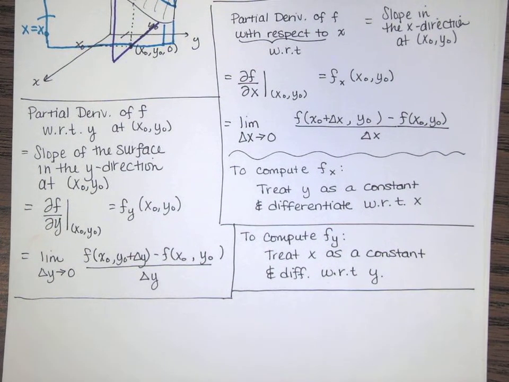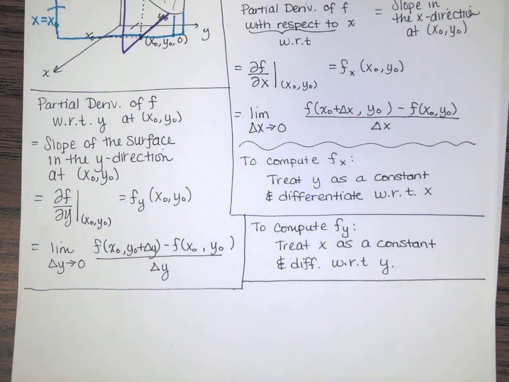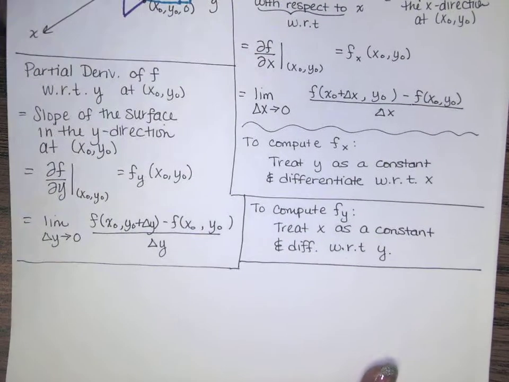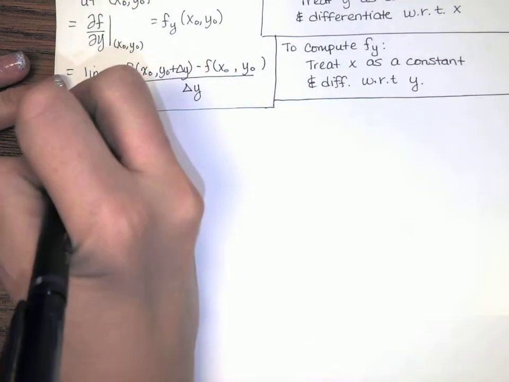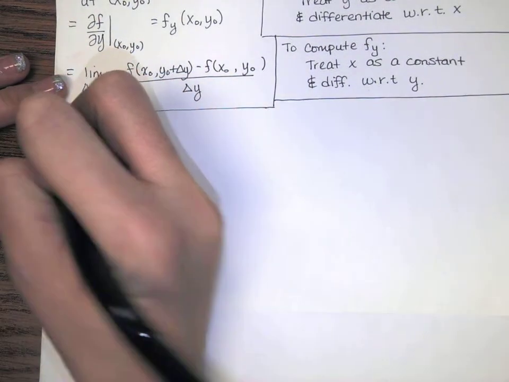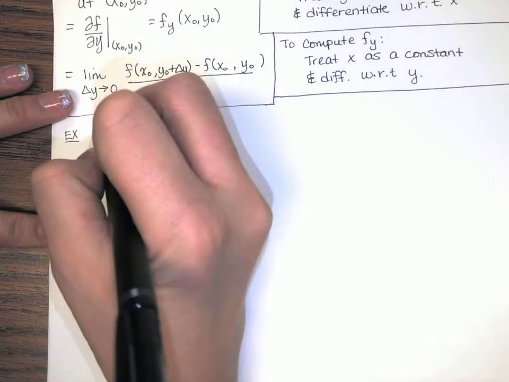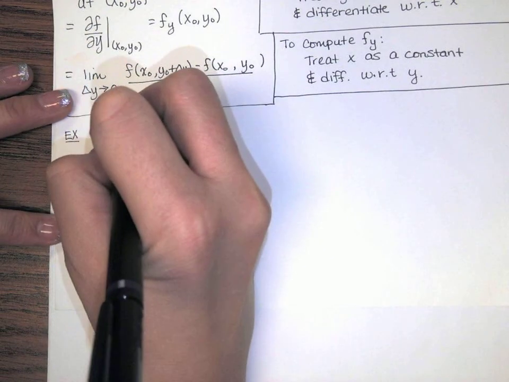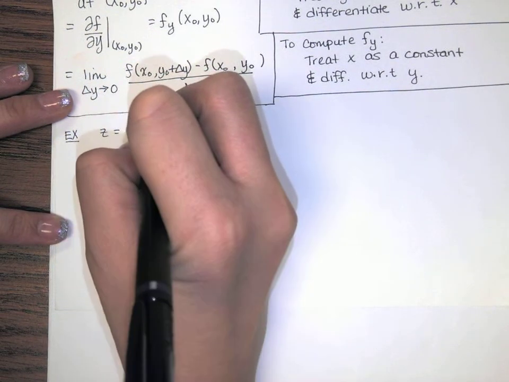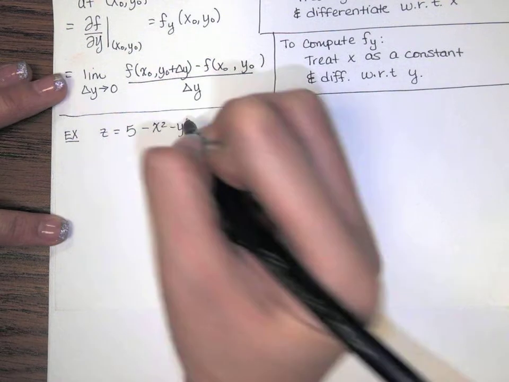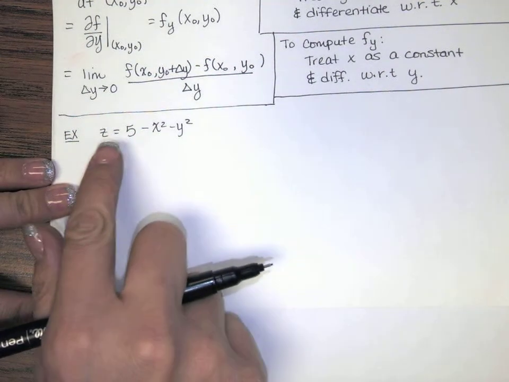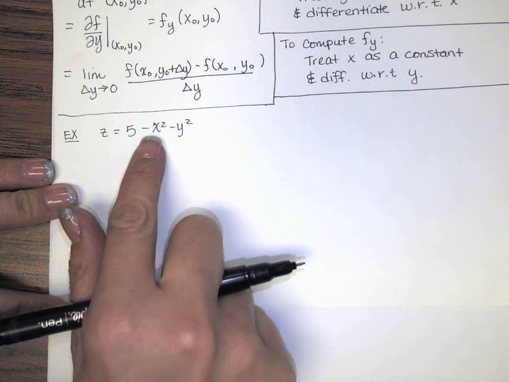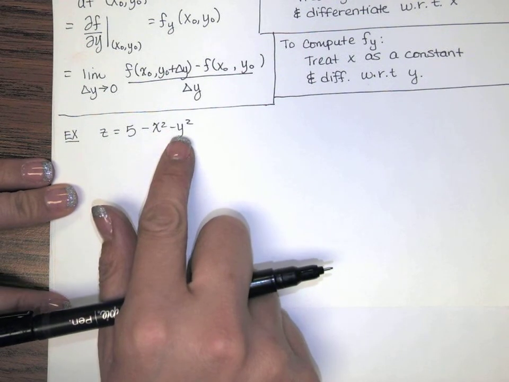We're going to start with a very simple example, and then we'll interpret it, and then we'll do a more advanced example, something that's more likely to show up on a quiz. So let's do a simple example. Let's say we have z equals 5 minus x squared minus y squared. Hopefully you know what that looks like. z is raised to the first power, x and y are both squared.